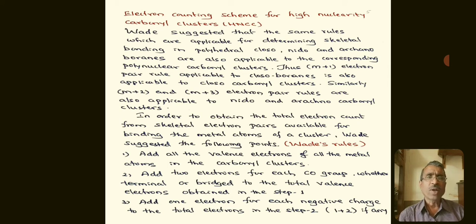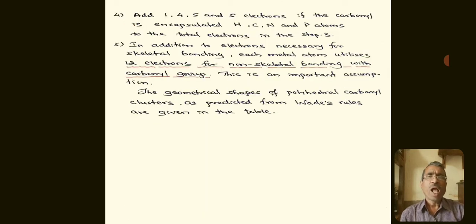Add 1 electron for each negative charge to the total electrons in step 2, that is 1 plus 2, if any. Add 1 electron if hydrogen is present in the cluster, that is a hydrido cluster.